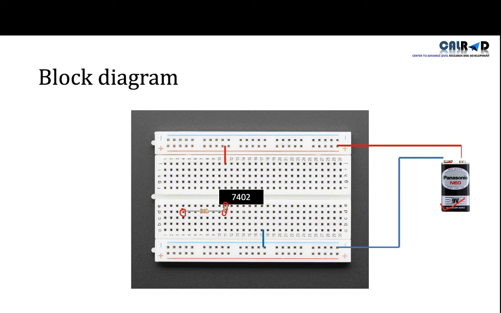We will not directly put the LED. We will put the resistor and connect this resistor with the LED. How will we connect? We will connect like this.